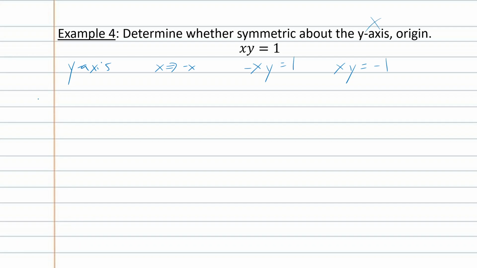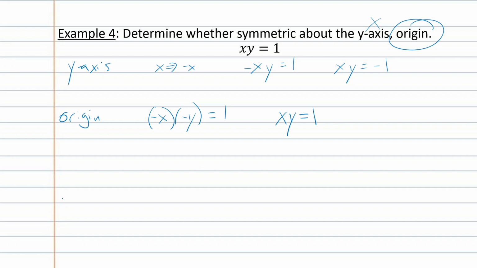Nope. How about the origin? On the origin, I need to replace both, so it's going to look like negative x times negative y equals 1. A negative and a negative multiplied give me a positive, so this should simplify down to xy equals 1. That's the original. So it looks like this one's symmetric about the origin.